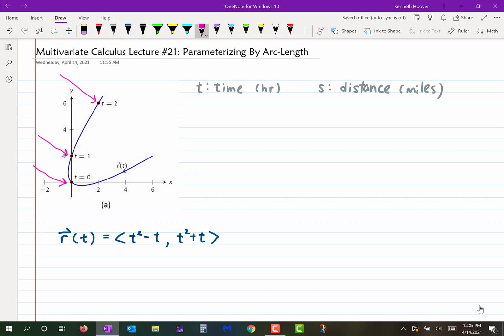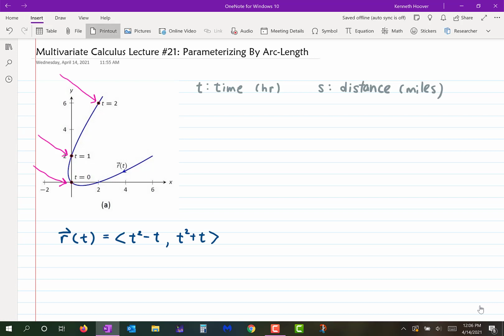What if our question is, where will we be in 1 mile? Where will we be in 2 miles? And so on. In other words, what if I want to break up the path by miles instead of hours, by distance instead of time? Then it would look like this.